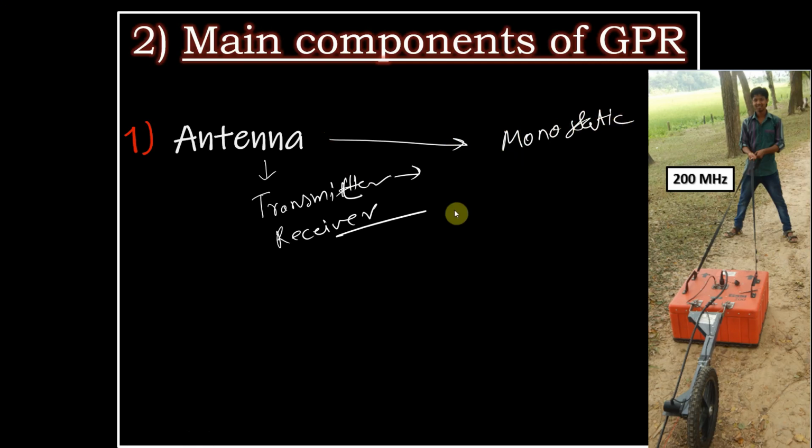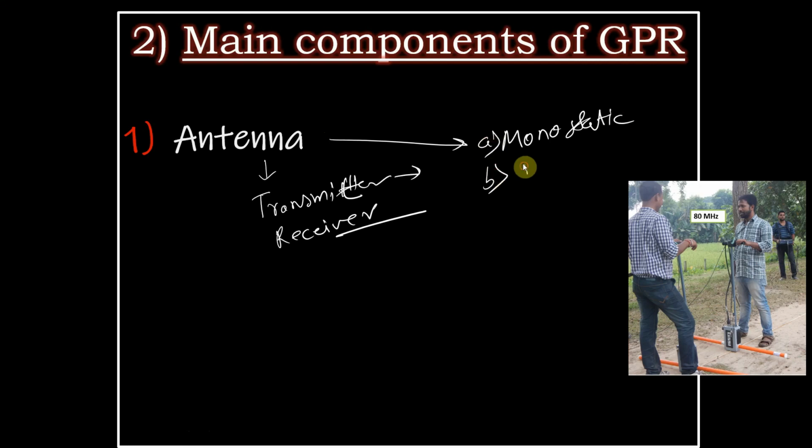Depending on the location of the transmitter and receiver, antennas could be of two types: one is monostatic, and the second type is bistatic.